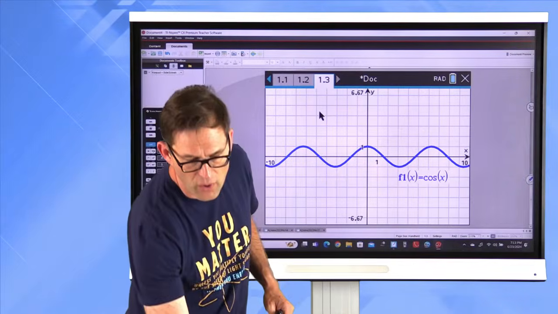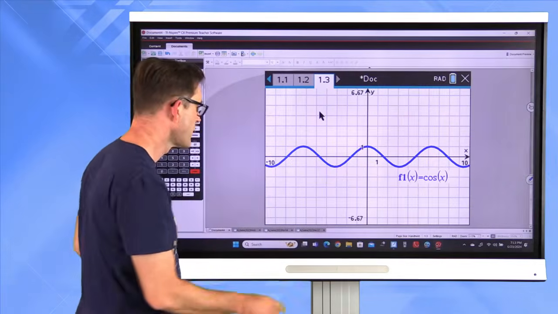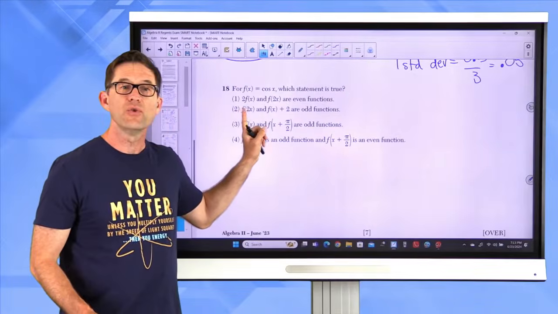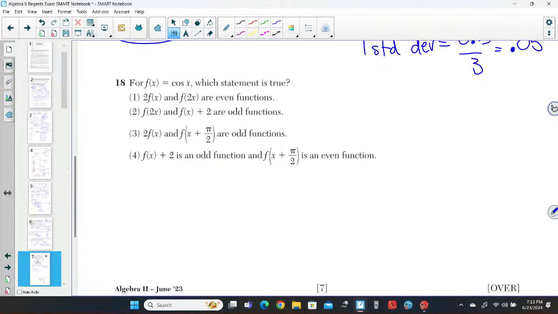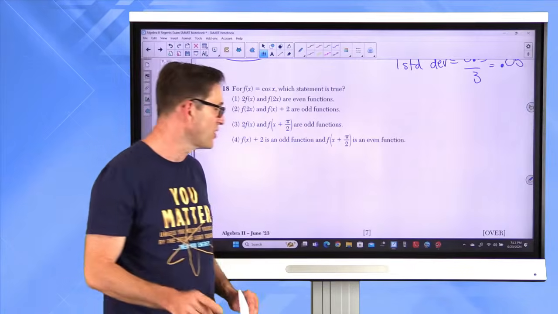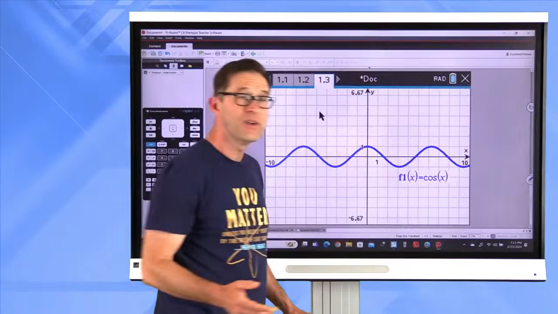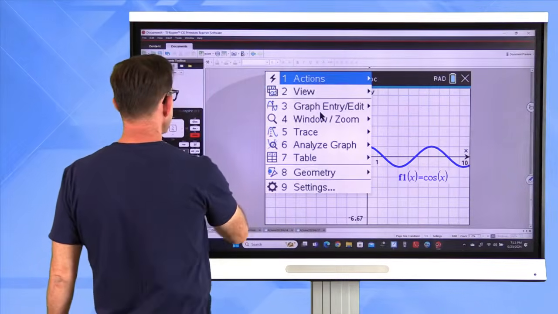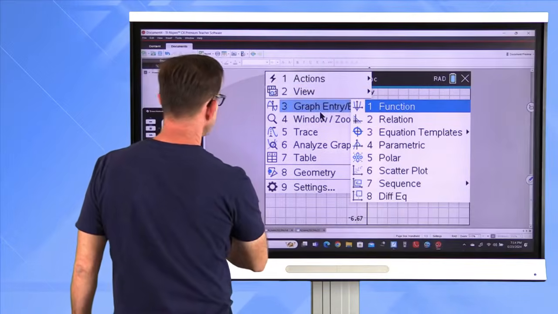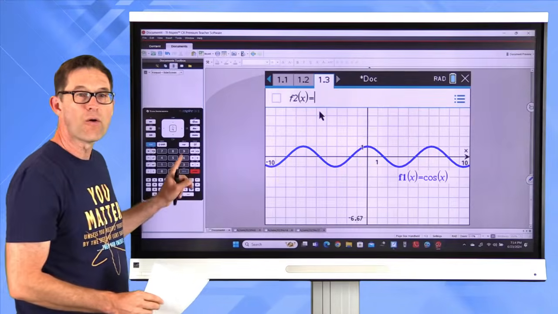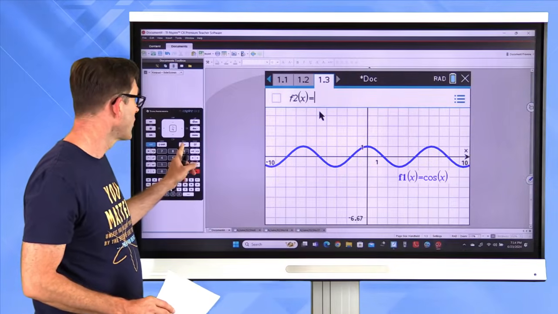Now, let's take a look at all the rest of these things. If I look at choice 1, it says 2 times f of x and f of 2x are even functions. This is all about transformations and even and odd functions. Well, watch this. This is really cool. I bet many of you didn't even realize you could do this on your calculator. I'm going to go into menu, graph edit, into my function, and in f2 of x, there's this little vars button on your calculator right here.